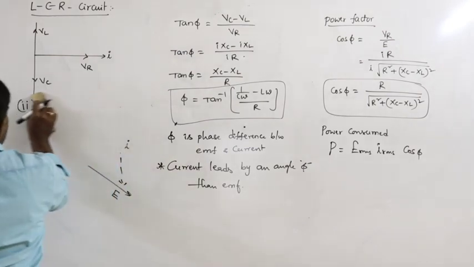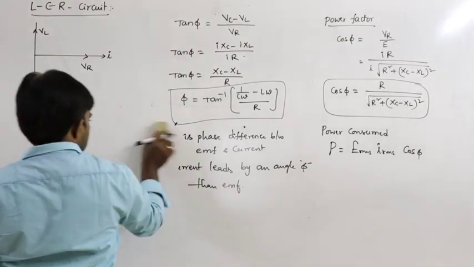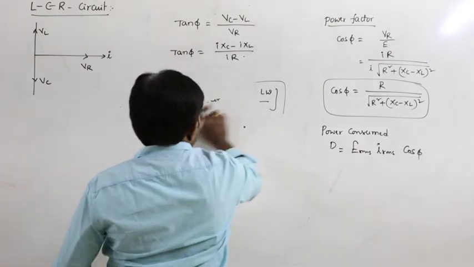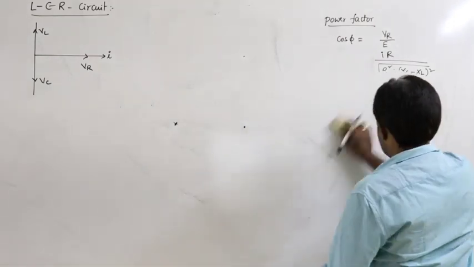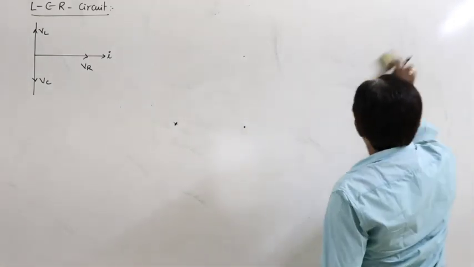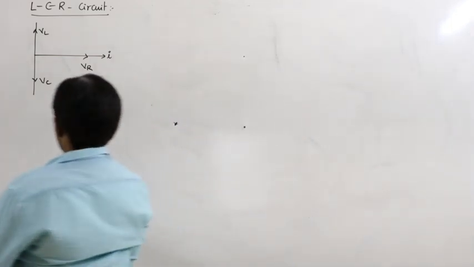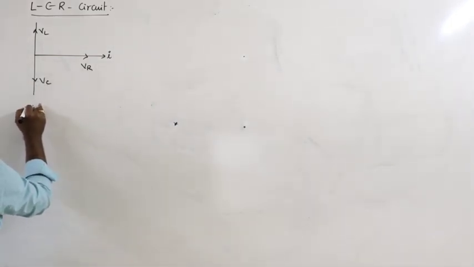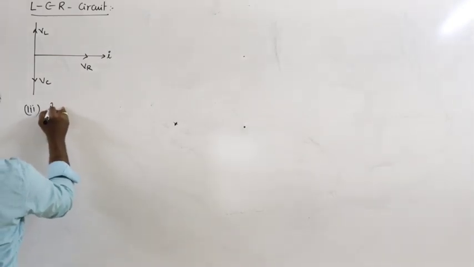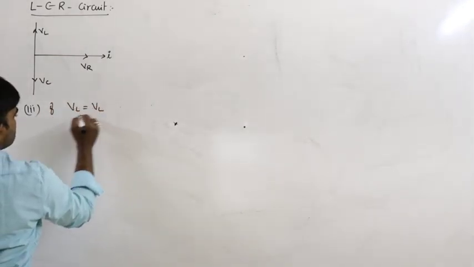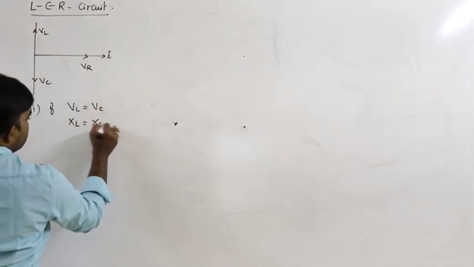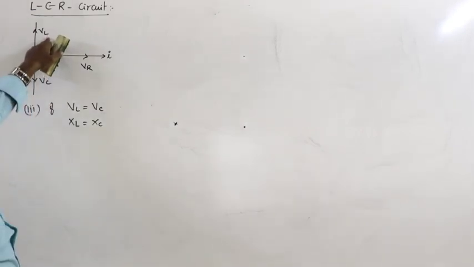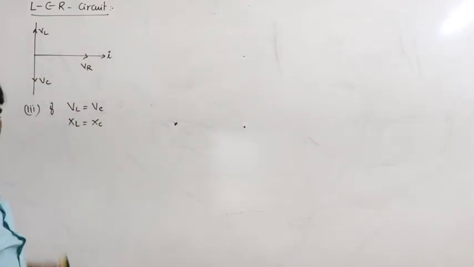So two cases we discussed: the first case, where this one is greater than this one, and the second case, where this one is greater than this one. Now the third case.